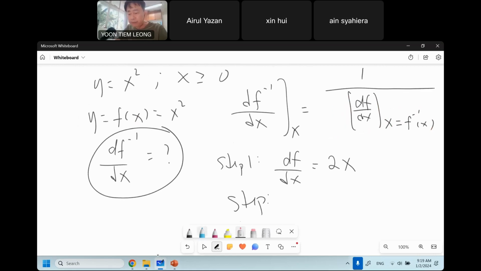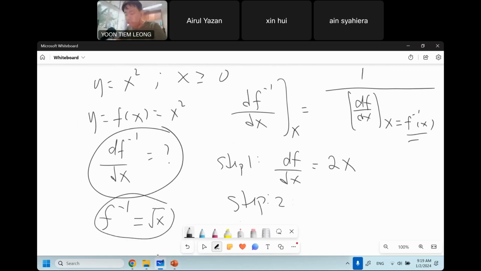So in step number 2, I first have to know the expression of f inverse. The inverse of the function f of x equals x squared has been explained earlier in the previous calculation. The inverse of the square is the square root of x.